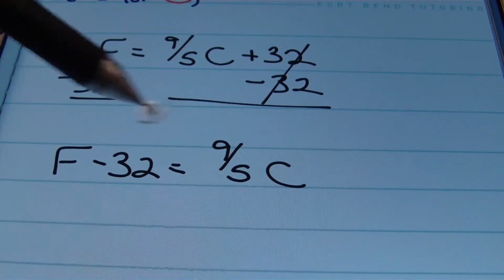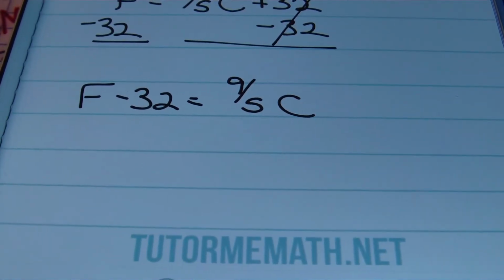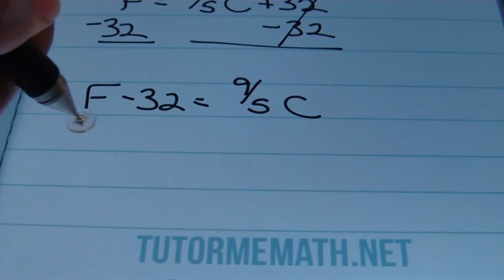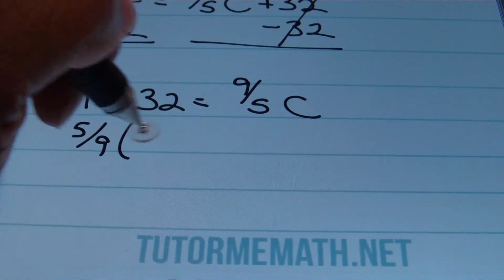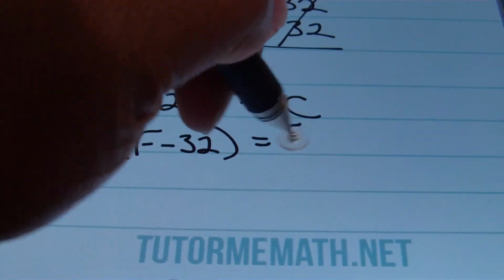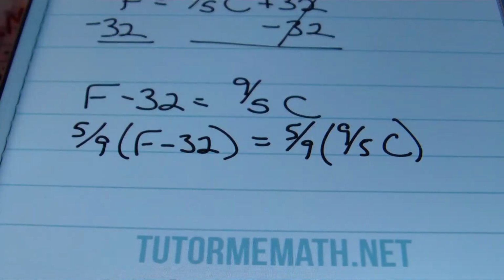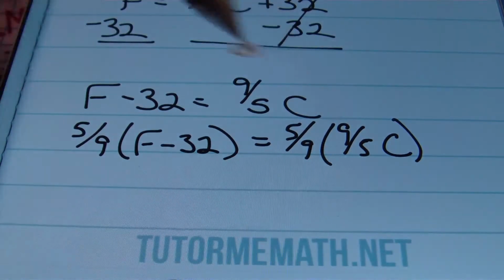Instead of multiplying everything by 5 and then dividing by 9, they'll just want you to multiply both sides by the reciprocal of 9/5, which is 5/9. So it'll look like this. Let me show you. We'll have 5/9 times the quantity of F minus 32 equals 5/9 times 9/5 C, as I had to multiply 5/9 to each term in our problem here.